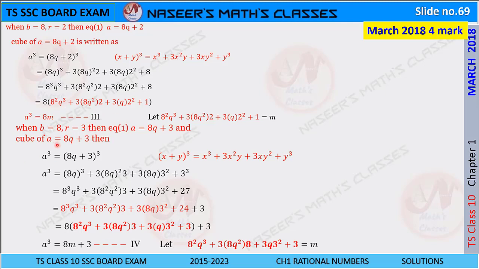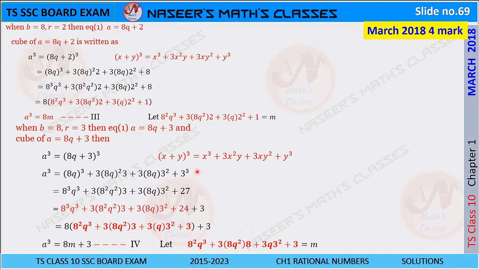Next we substitute b is equal to 8 and r is equal to 3 in equation 1. Then equation 1 becomes a is equal to 8q + 3. Next we find the cube of this one. Then we can write a cube is equal to (8q + 3) whole cube. By using the (x + y) whole cube identity, after solving we get 8 times (8 square q cube + 3 times 8 q square times 3 + 3 times q times 3 square + 3).